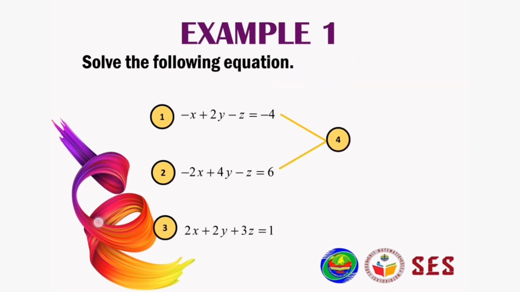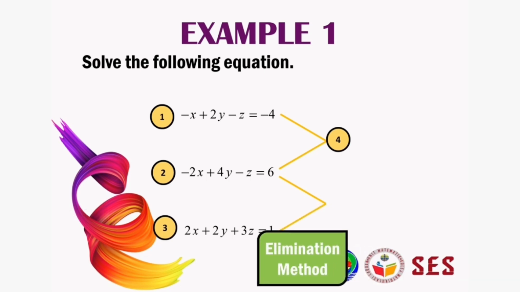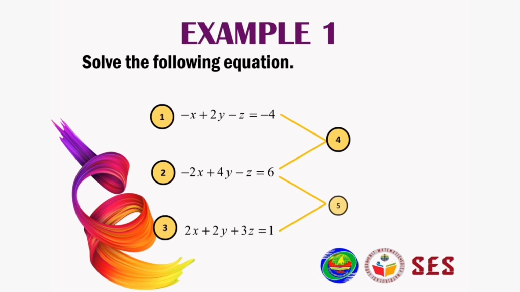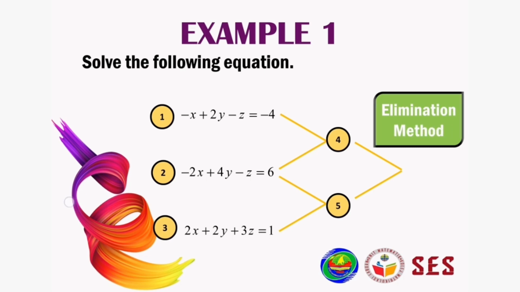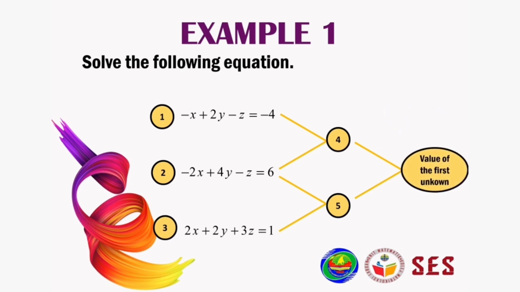And then, from equation 2 and equation 3, we will again use elimination method to form another new equation, number 5. And lastly, from equation number 4 and equation number 5, again by elimination method, we should be able to get the value of the first unknown. After that, we move backwards to find the values of the remaining 2 variables that we have.